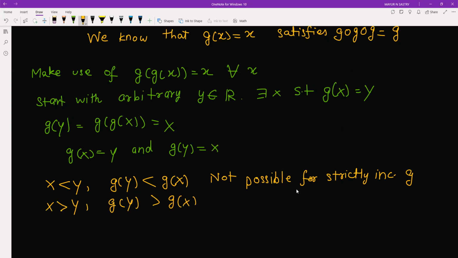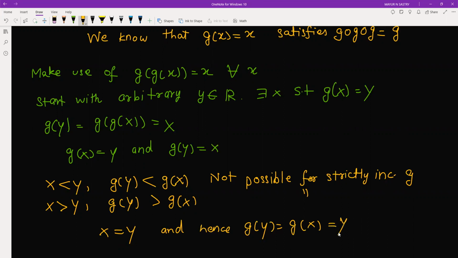Again, not possible for strictly increasing G. So the only possibility is that x must be equal to y, and hence G of y is equal to G of x equal to y.